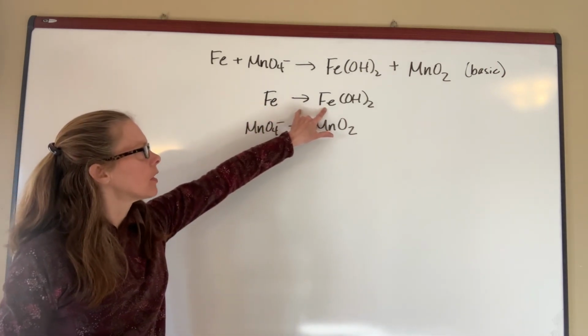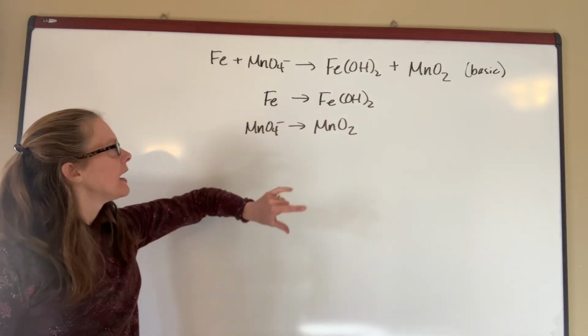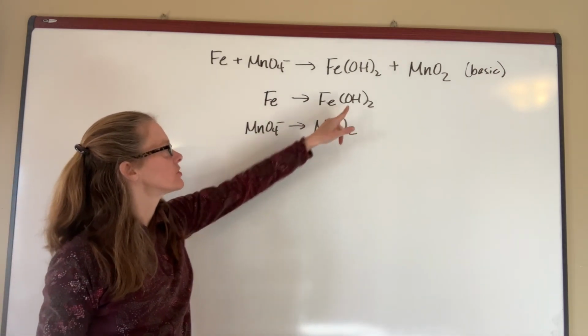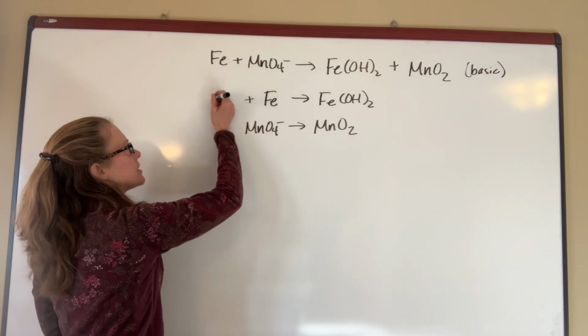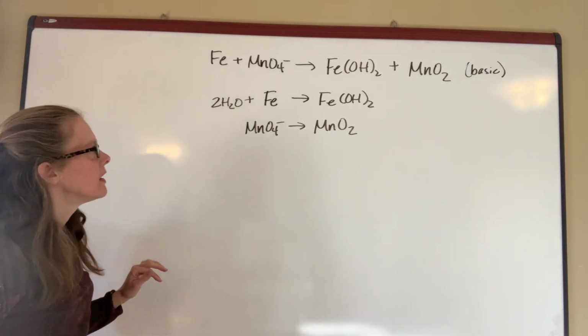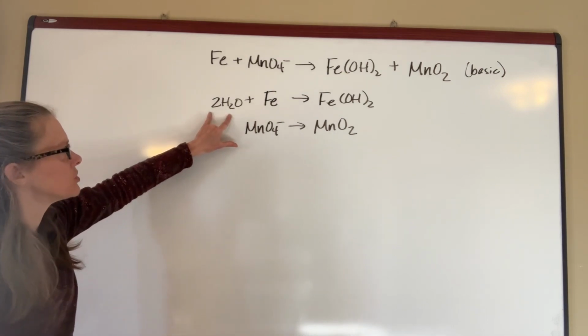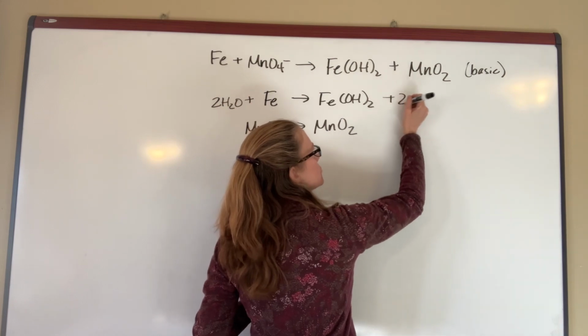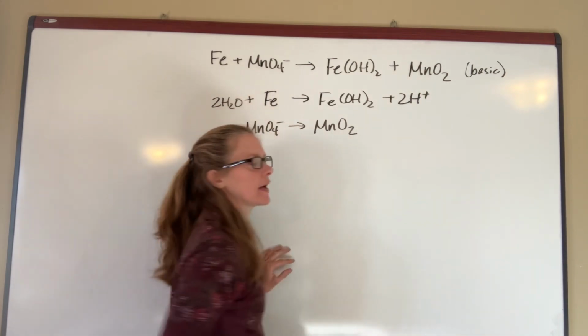The ions are already balanced. And the next thing I want to balance is the oxygen. So I have 2 oxygens here. So that means I'm going to have to add 2 waters to this side. Then I have 4 hydrogens here and 2 hydrogens here. So I'm going to have to add 2 hydrogen ions to this side.